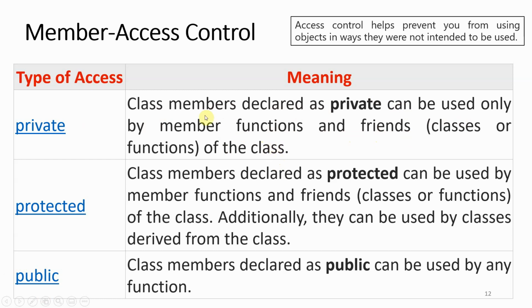So they can be directly used by member functions and friend functions or friend classes of that class. You see, it didn't mention anything about the children of that class. It didn't mention anything about the children of that class.